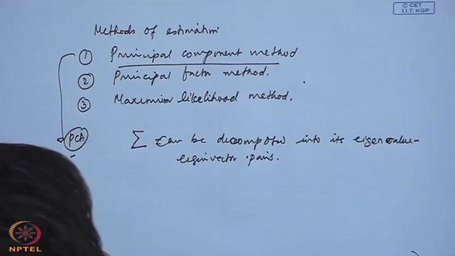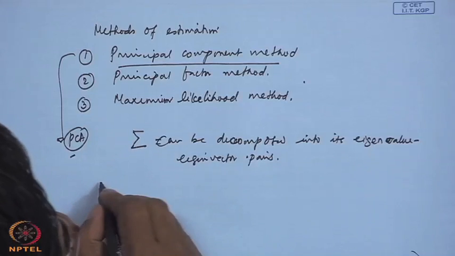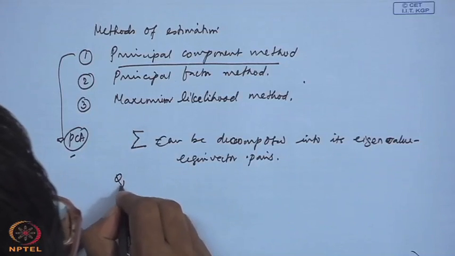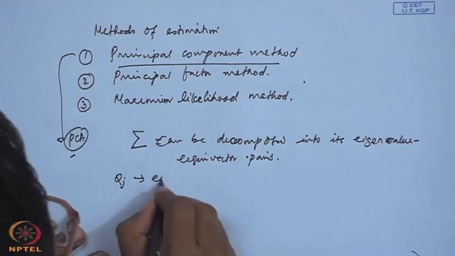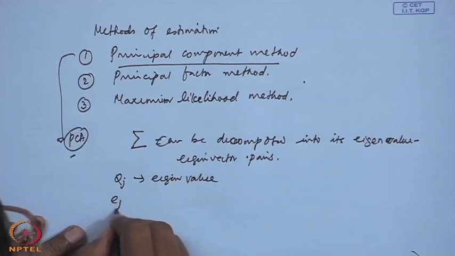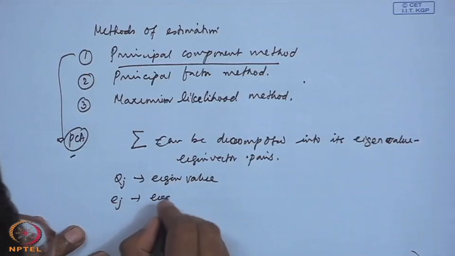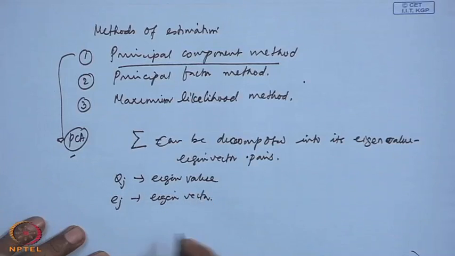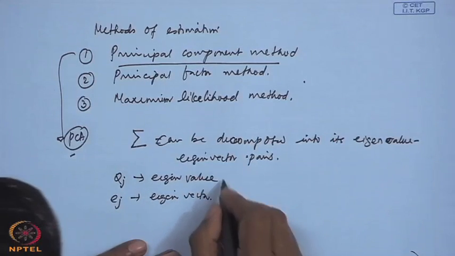Okay. Actually, if I say that Qj is the eigenvalue and Ej is the eigenvector, then what can you write?